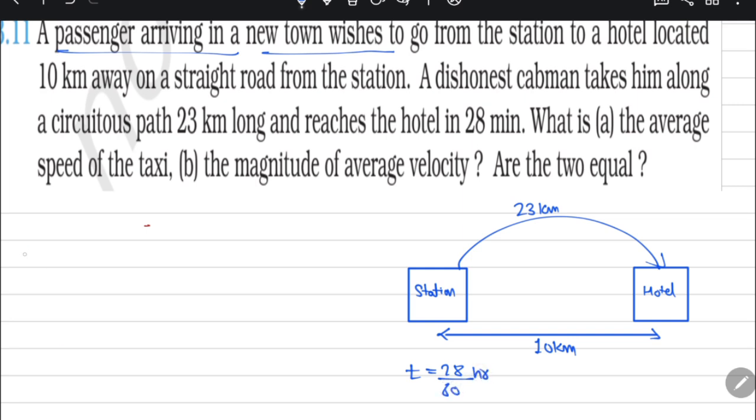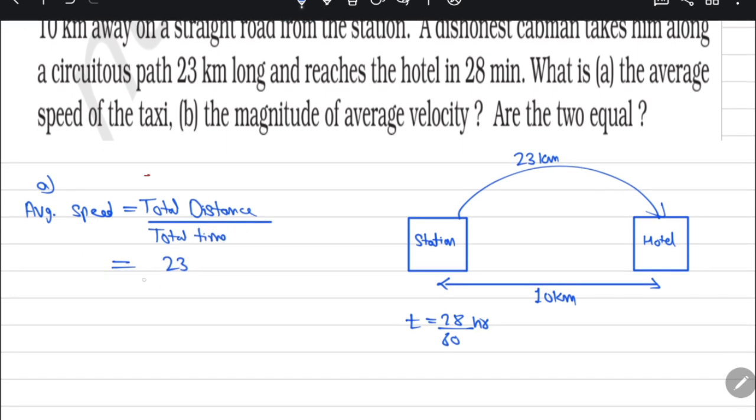What is their average speed? Average speed is basically total distance upon total time. Total distance means they have taken 23, and the total time is 28 by 60.